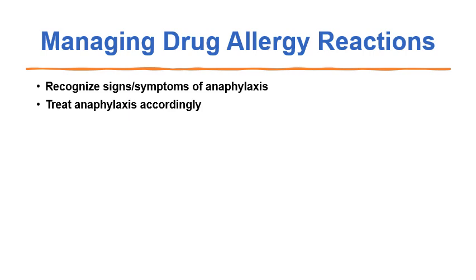There are some drug classes where there are common reactions as far as drug allergies: antibiotics and anti-inflammatories, which are very commonly used and that you'll run into in sports medicine settings. It's very common to have allergic reactions to those.